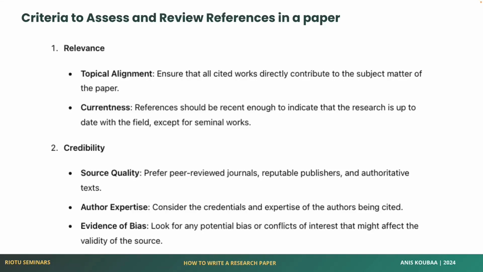If you talk about large language models, you will cite the transformer paper, which is from 2017. Or for convolutional neural networks, you may cite the AlexNet paper, which is from 2012. Some seminal works you can go back even to the 90s or the 80s, if you build over something substantial. But usually, as already mentioned, 70% of your references should be within the range of the last 5 years.